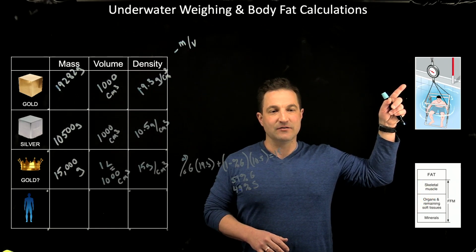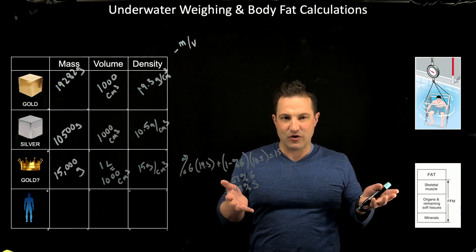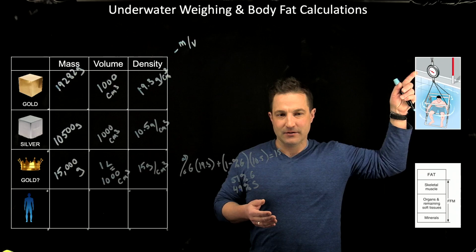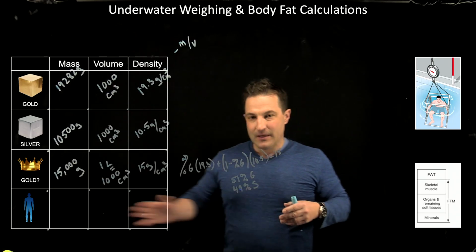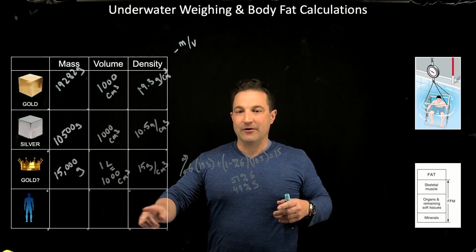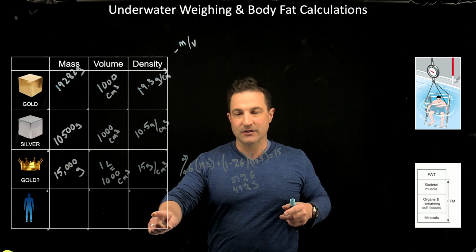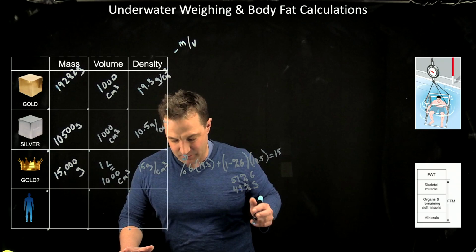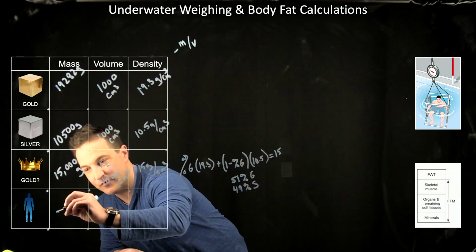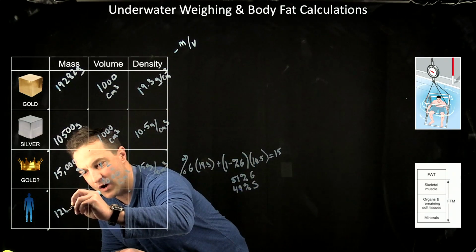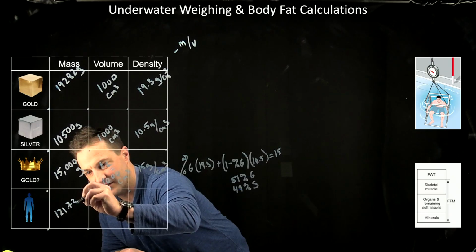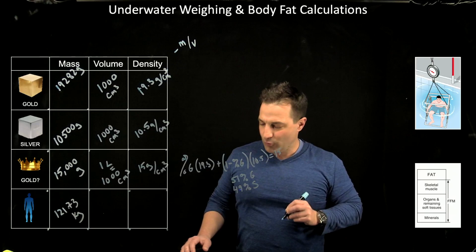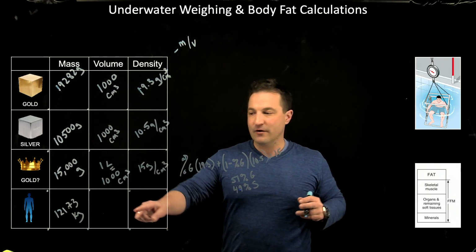You can see an individual sitting in kind of a cradle in the water with a scale on top. So how will we do that? Well, all we want to do is be able to calculate our density once again. So if we want to calculate mass, that's the easy part. Let's use the example that they have in the book. We have a football player who's 121.73 kilograms. Once again, we're trying to find out what their volume is.